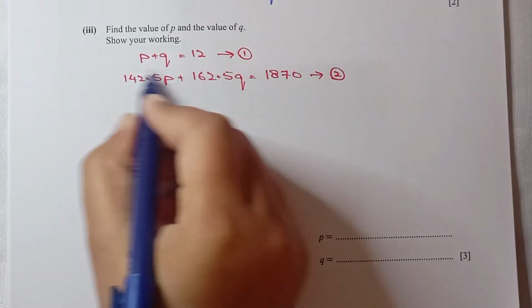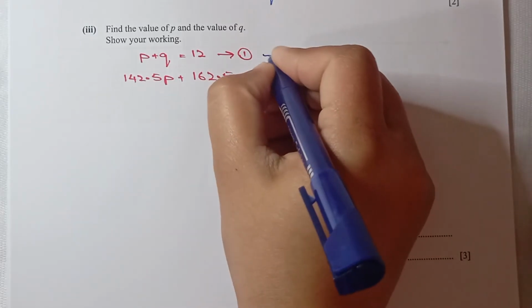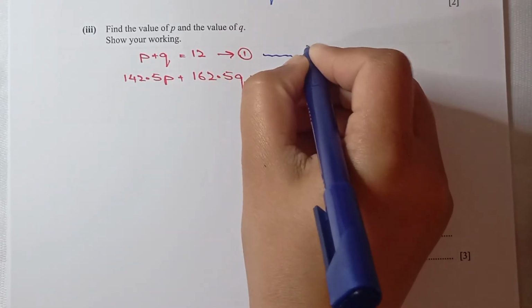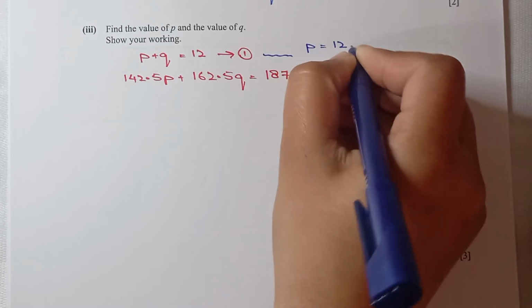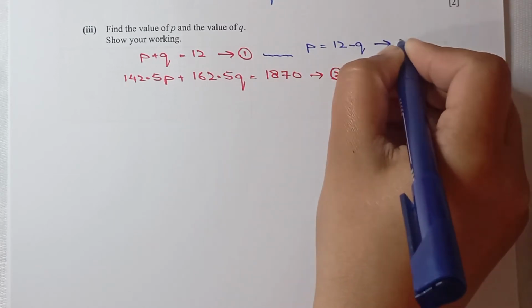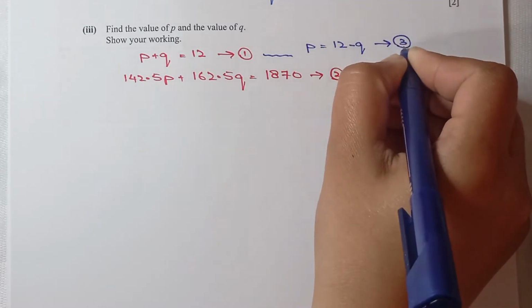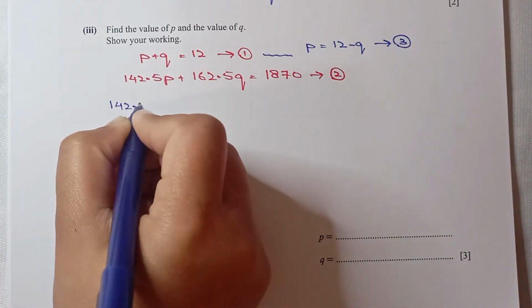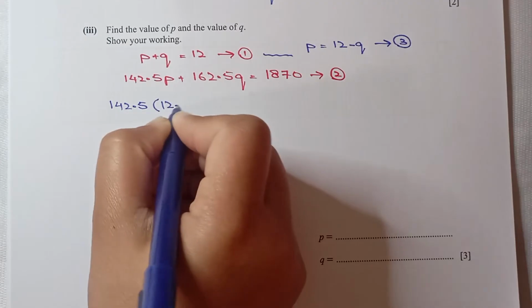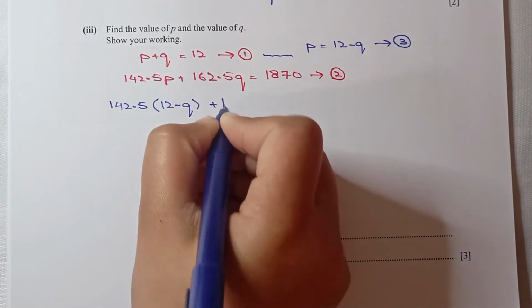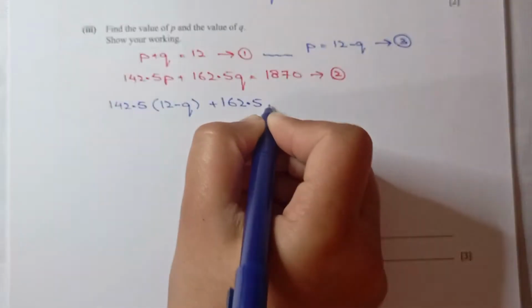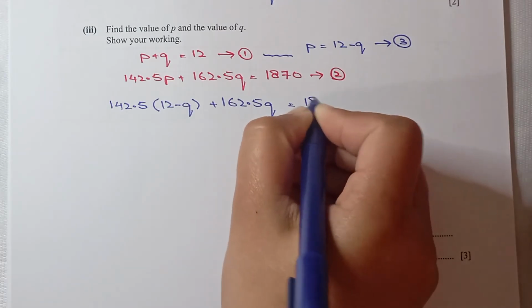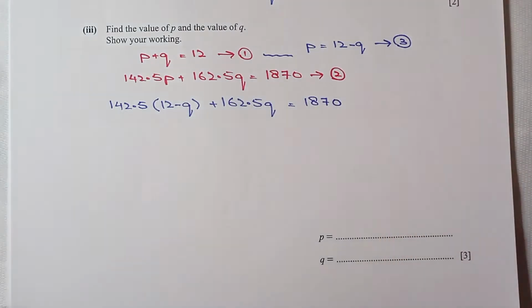Okay, so from equation 1, we can find the value of P, that is P would be equals to 12 minus Q. This is my equation number 3. We can substitute that equation in equation number 2. This would be 142.5 into P plus 162.5 Q would be 1870.